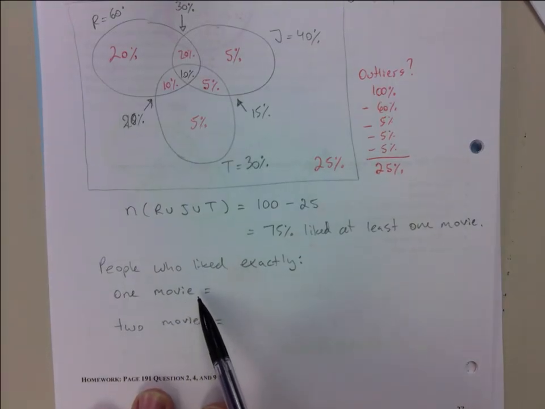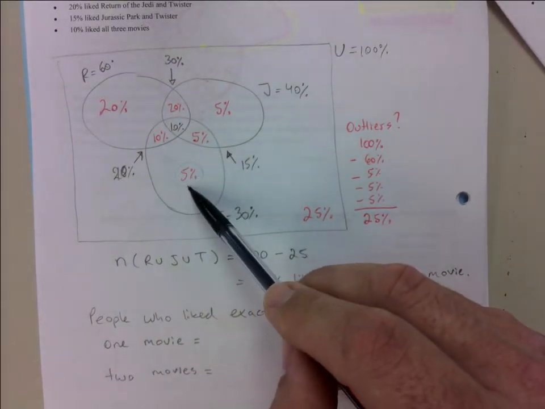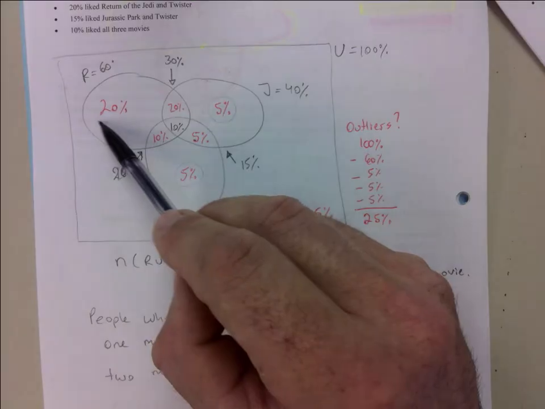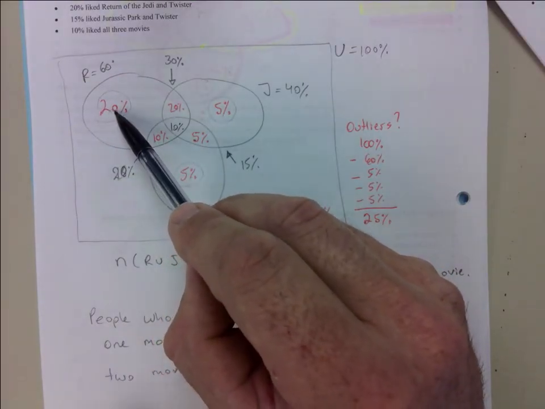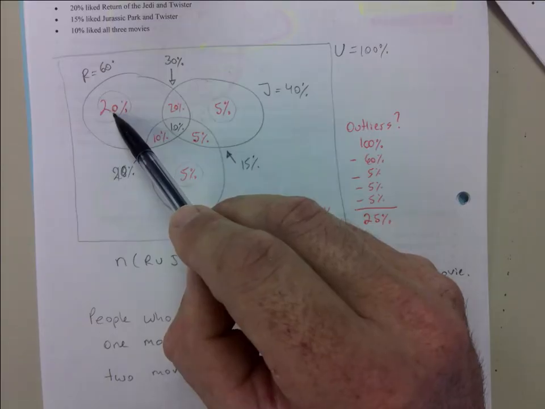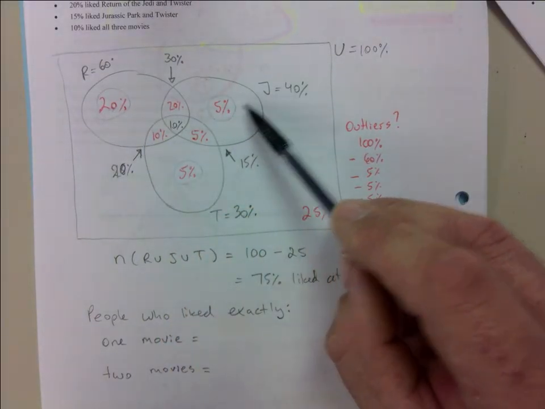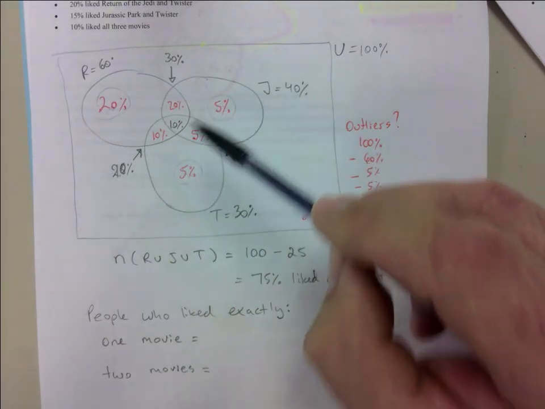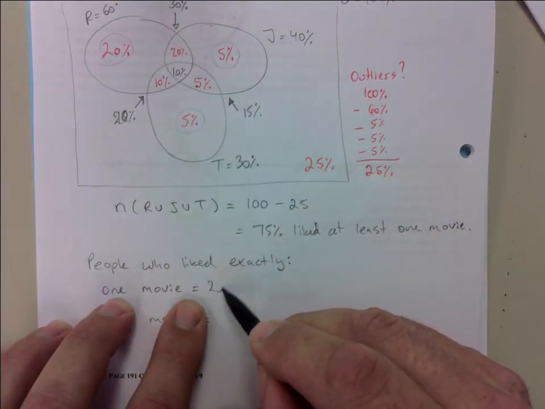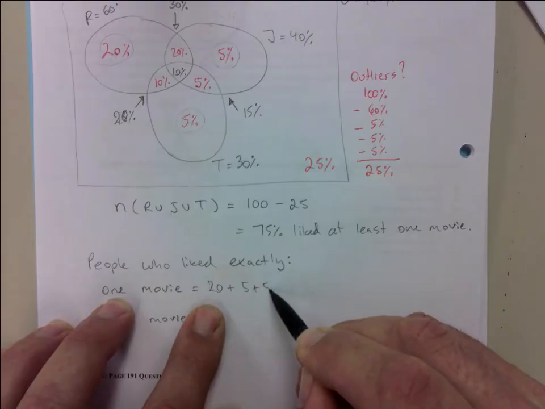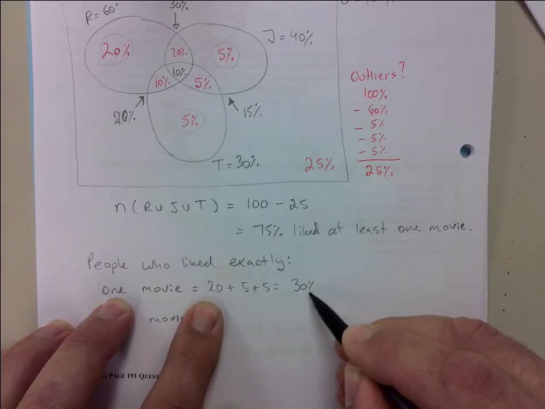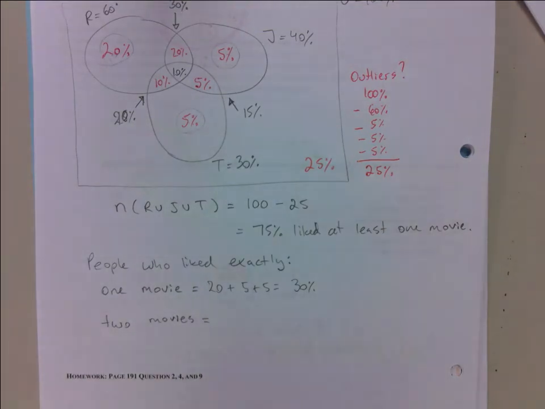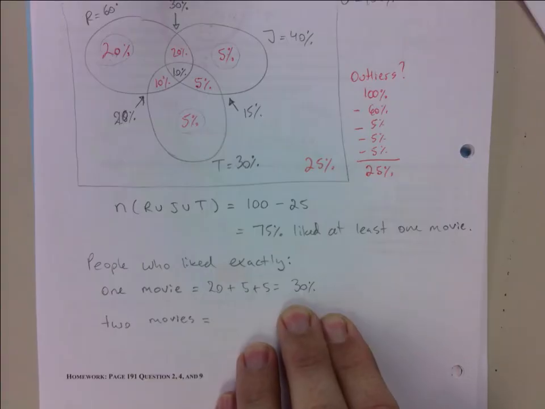Which numbers would I add? 5, 5, and 20. These people only like Return of the Jedi, 20%. 5% only like Jurassic Park, and 5% only like Twister. So these 3 sections would give you the answer to that one. So I'm going to actually write out the numbers that I'm adding. Please do that as well, because even if your Venn diagram is completely wrong, if you answer consistently, you still get the marks for the parts that follow, okay?